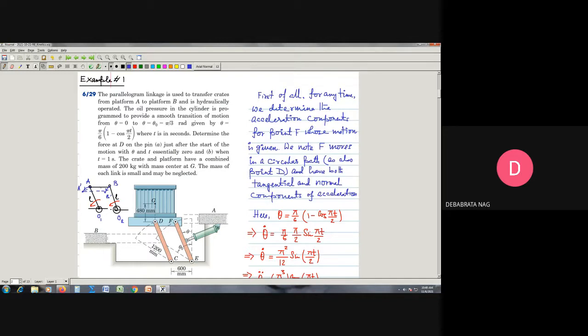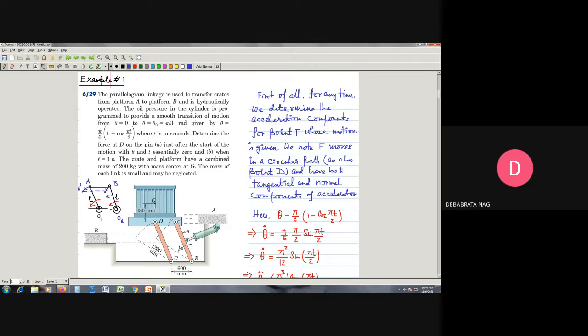So essentially, we see that this connecting rod AB is undergoing a translational motion. Why is it undergoing a translational motion? It is because there is no change in the orientation of the body.